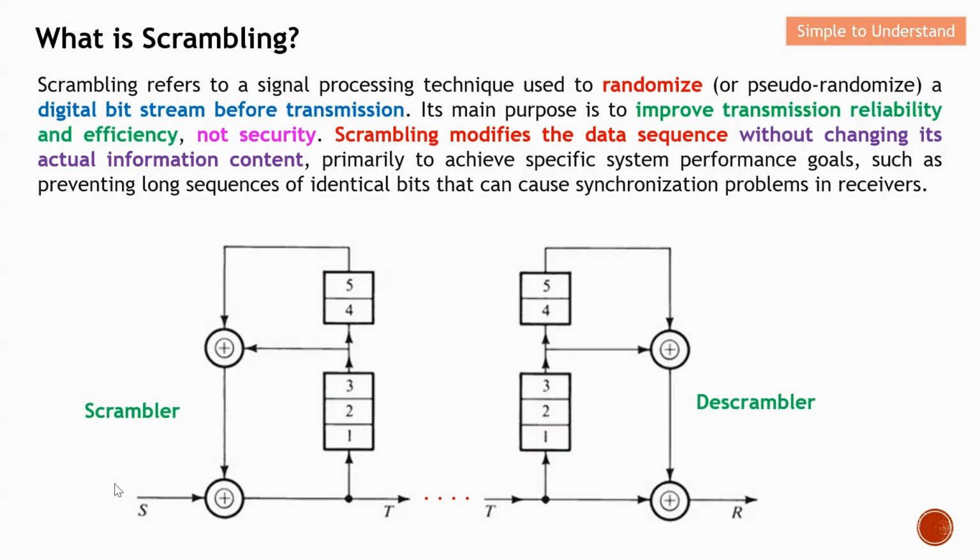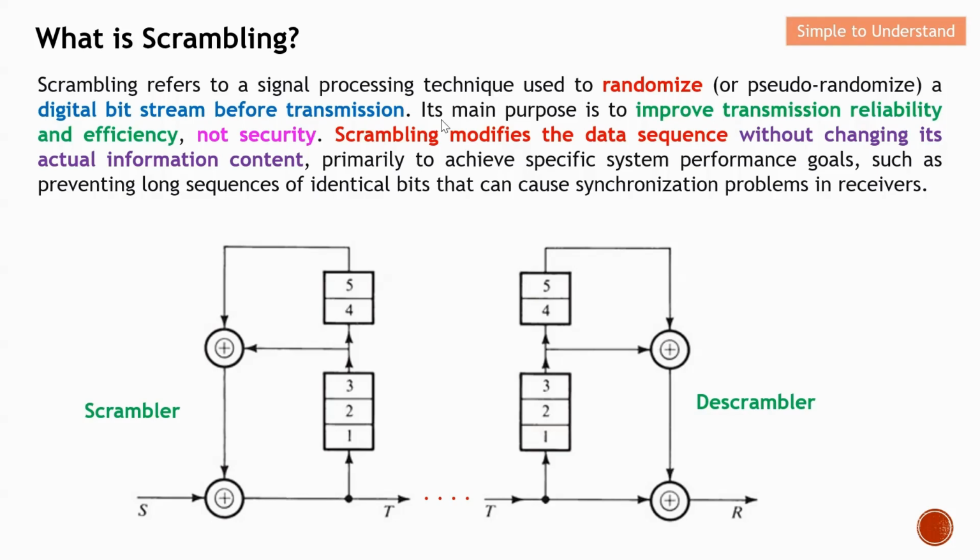This is the original data. After it goes through the scramble, another new set of data will be available over here, and this set of data will be sent over to the receiver. The receiver receives this signal and goes through the descramble to get back the exact signal that was intended to be sent. So basically, this is scrambling.